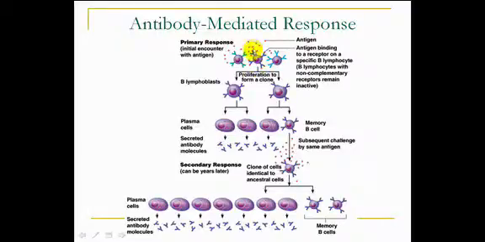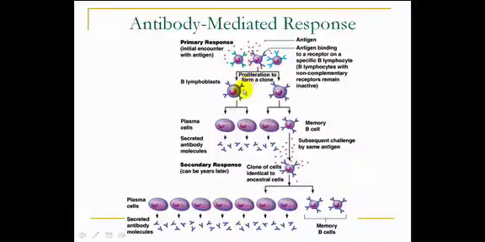That triggers this B cell to proliferate or divide. You're going to form a whole bunch of B cells that have the same receptor for that antigen. You want to produce a bunch of cells that can produce antibodies to bind to this foreign antigen. You're basically producing an army to destroy this antigen.